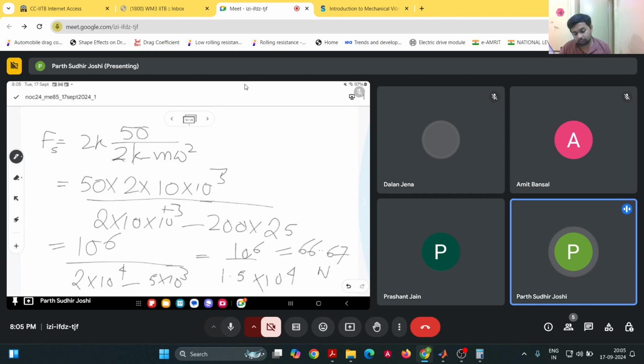I got the answer as 66.67 Newton. This is the magnitude of the, not static force, but the excitation force that is being transmitted to the ground.